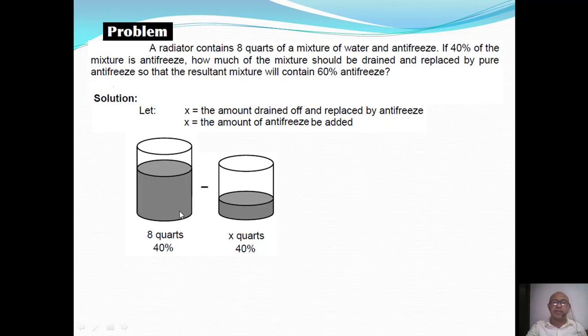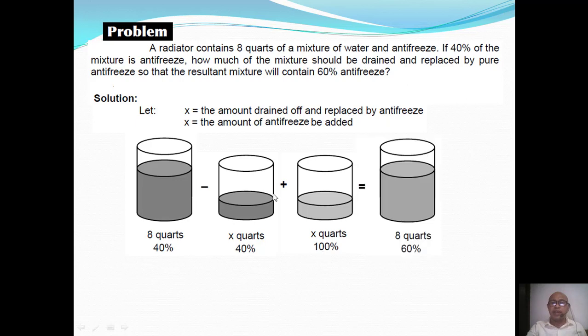When we drain this off, the remaining mixture still contains 40% antifreeze. And then we will add the same amount, x. This is pure antifreeze, so 100%.